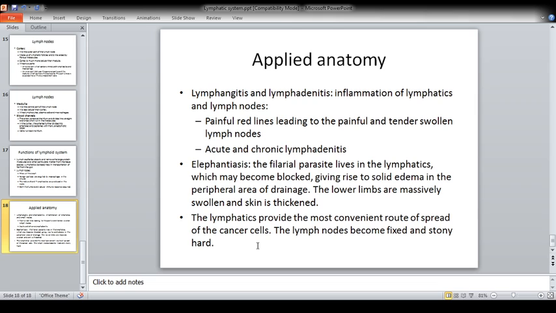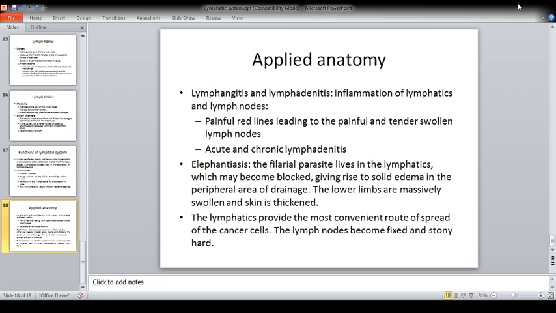To answer this question, we check the lymph nodes of that region, and if there are cancerous cells present in the lymph being transported to other organs, the lymph nodes draining that region would become fixed. Normally they are mobile. They would become fixed and solid like stones, stony hard. So in cancer, this thing happens. This is how the lymph nodes would look.